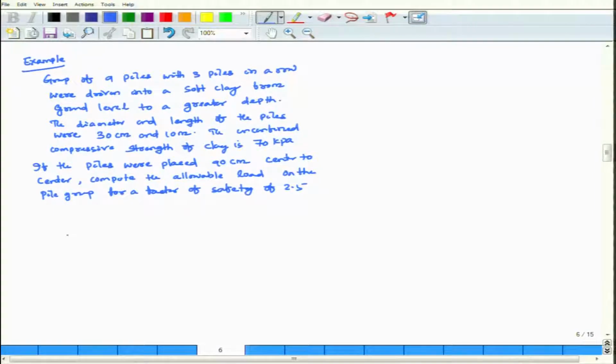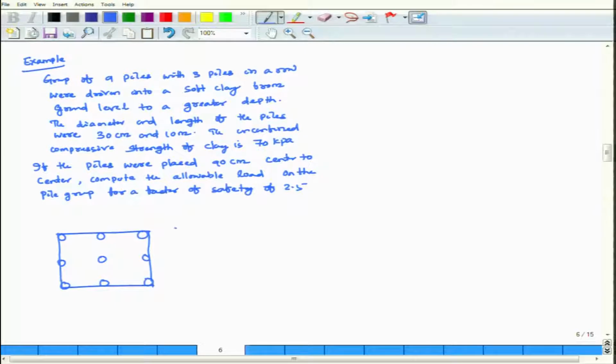If I draw it, three piles in a row driven into a soft clay from ground level to a greater depth.